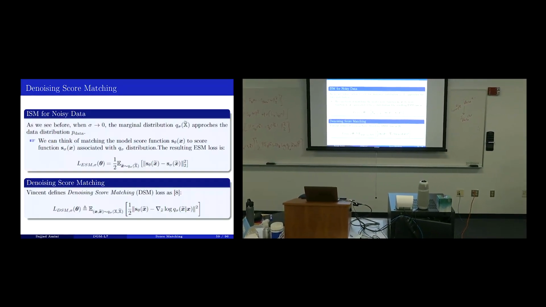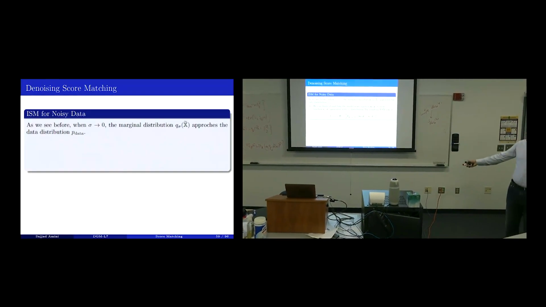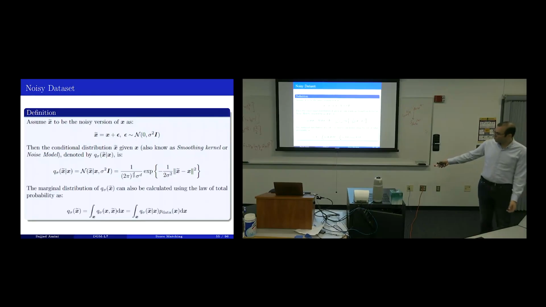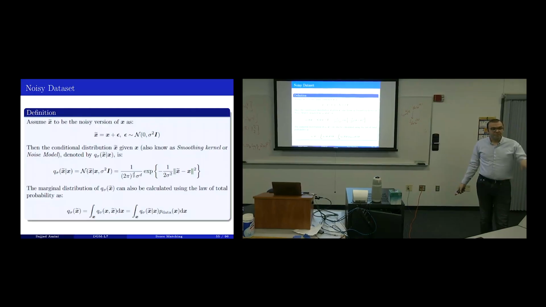This is the conditional distribution. The simplicity comes from here: when you take the gradient of the log of this term with respect to x, you have a very simple term that replaces your trace.